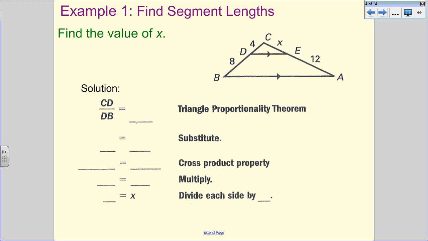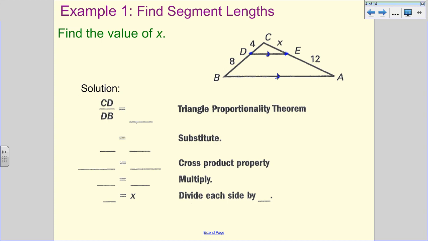So let's try and use that. We want to find the value of that. If you notice, we have what we need. We have these parallel segments, and we have these intersection points. Notice we're only dealing with measurements on the sides that are intersected. There's no measurements on the third side of that triangle. So I can set up my ratios.